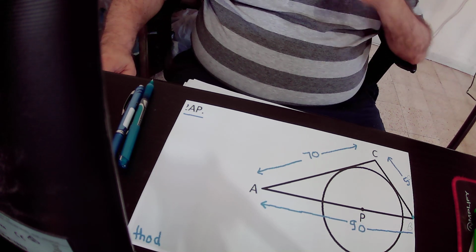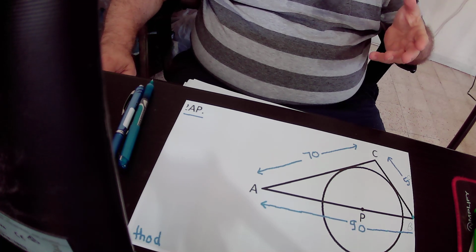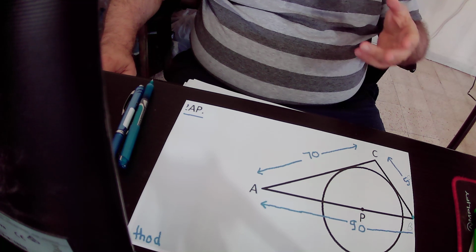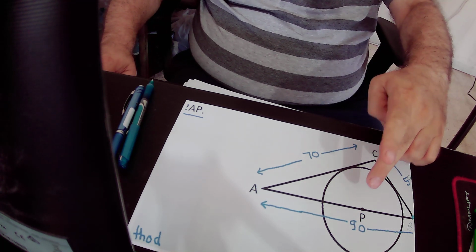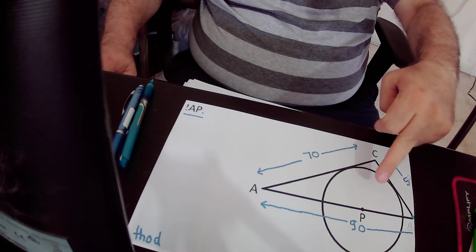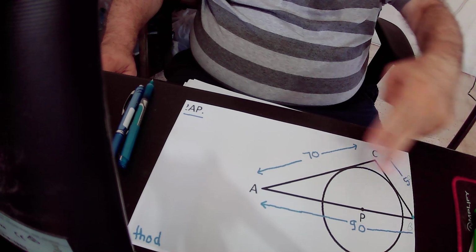And we have in the picture a circle whose center is point P, and point P is on side AB of the triangle.